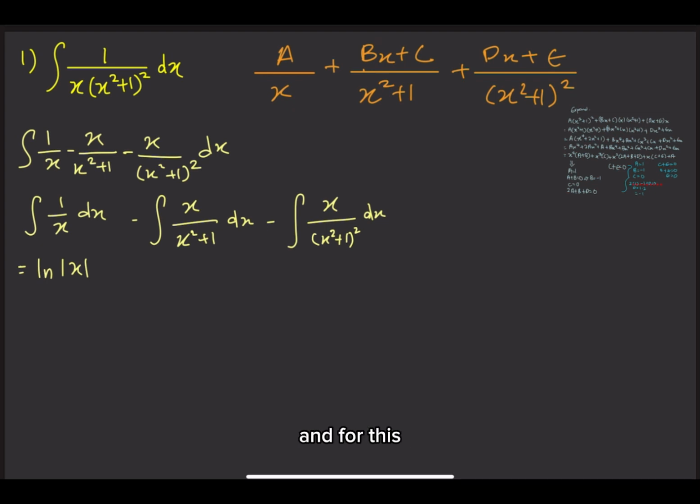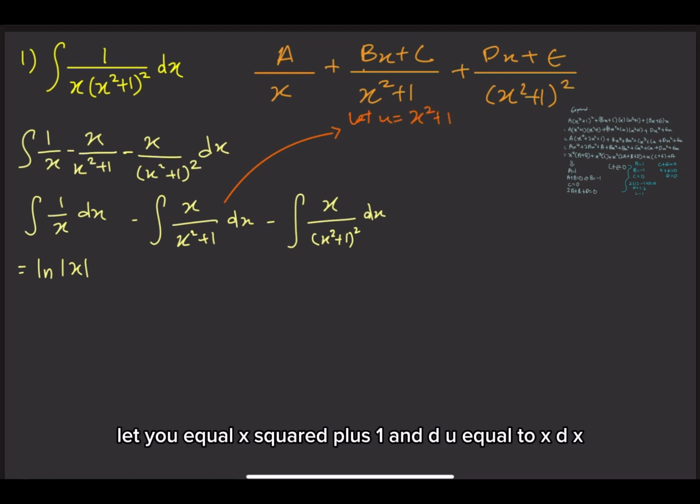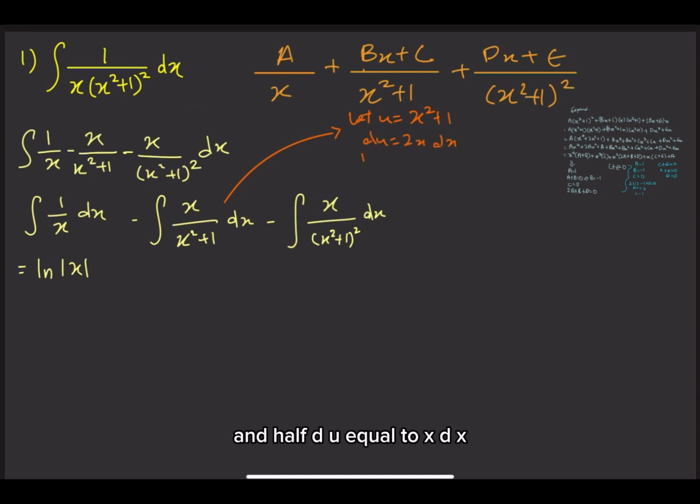And for this, let us use substitution. Let u equal x squared plus 1 and du equal to 2x dx and half du equal to x dx.